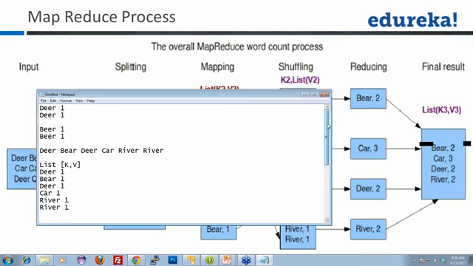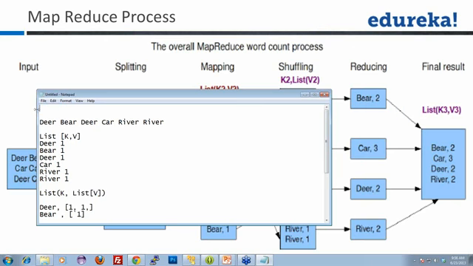Basically, what did we have initially? Forget about this part, let me delete this. You had this kind of input. Now you split this into key and values. So after splitting, you got something like this. Then you did the mapping process.